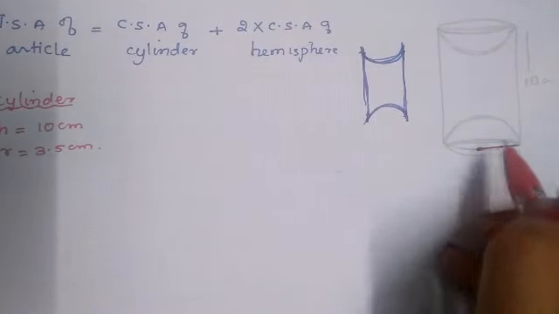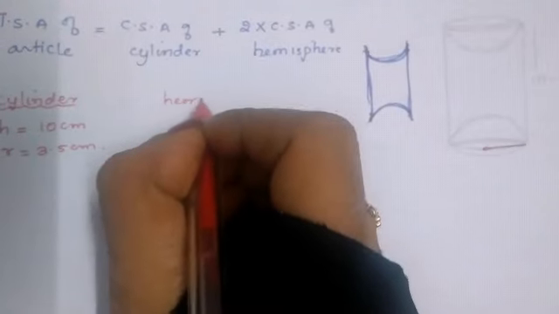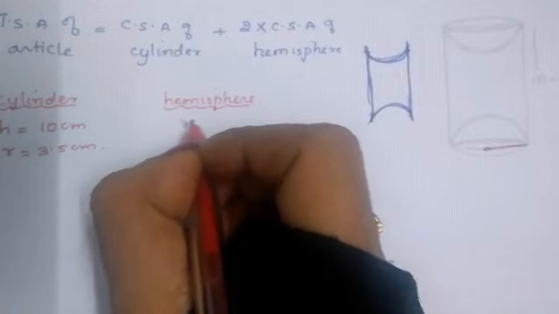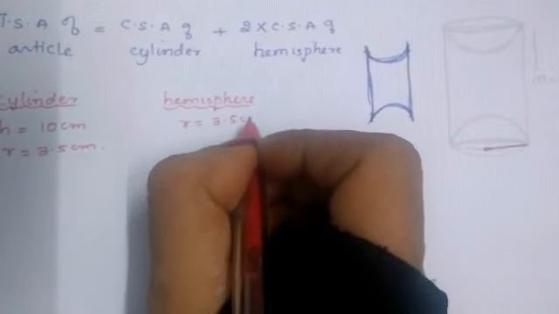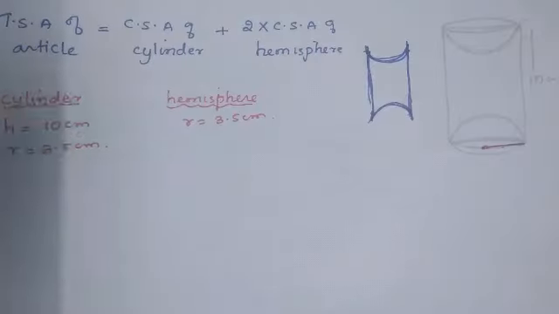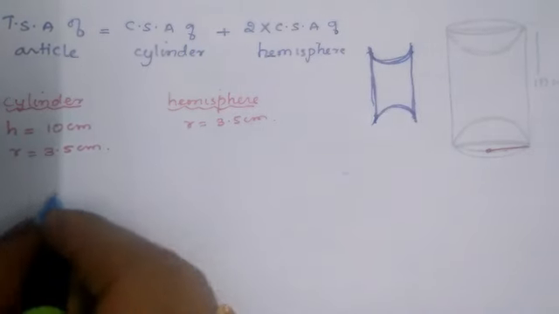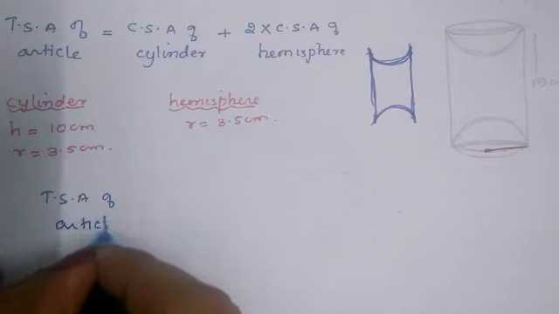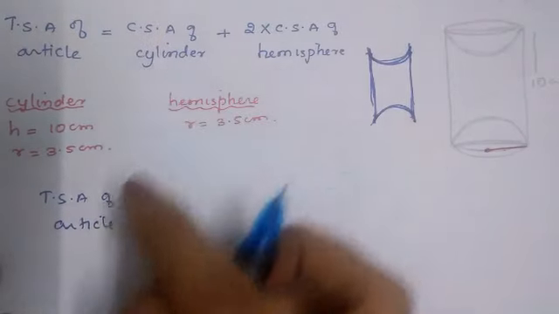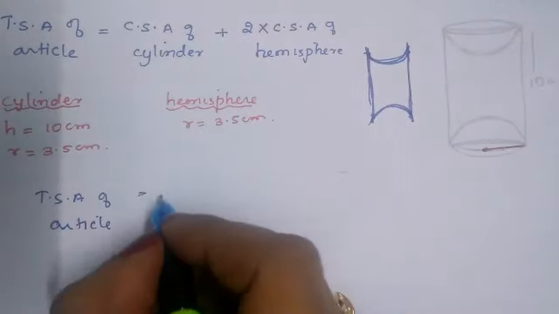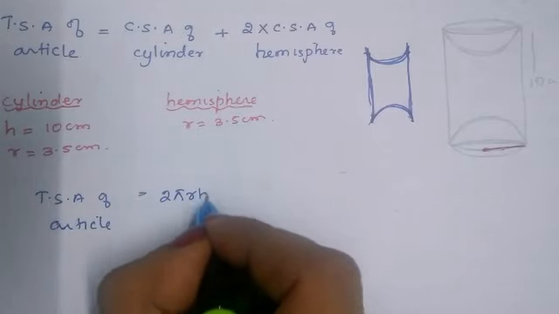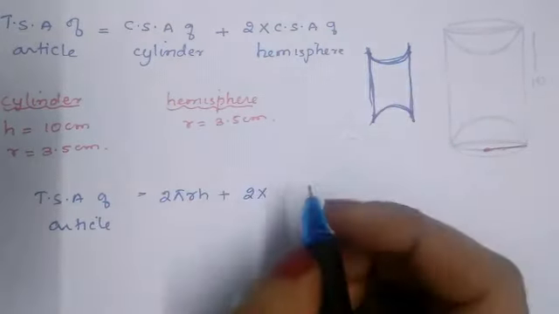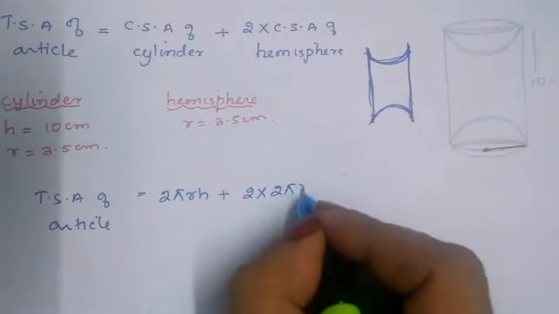The base radius is the same. In the hemisphere we need only the radius. So the radius is the same, R is equal to 3.5 centimeter. Let us substitute in the formula. Total surface area of the article is equal to CSA of cylinder, the formula of which is 2 pi RH, plus 2 into CSA of hemisphere, which is 2 pi R square.